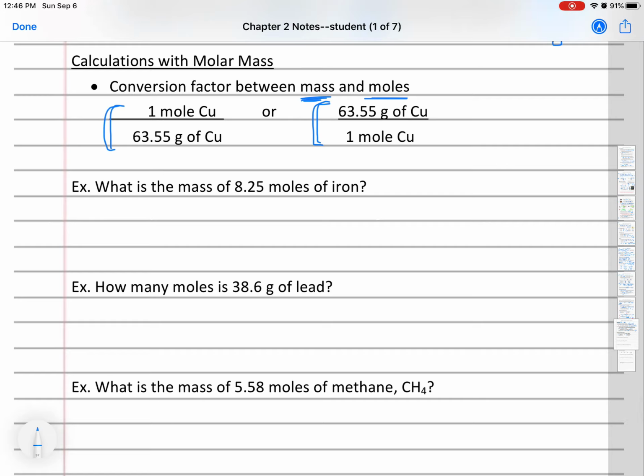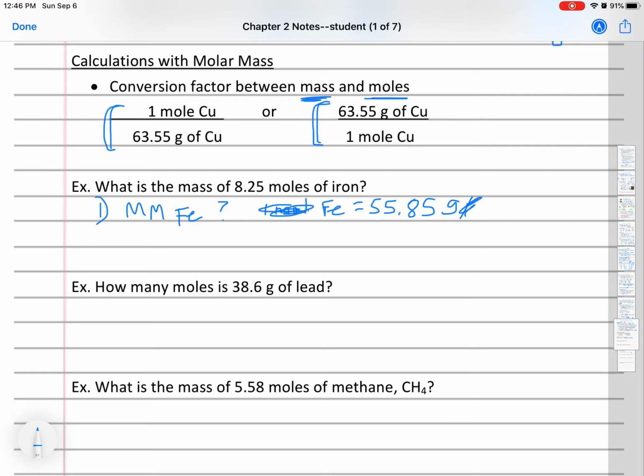So for example, what is the mass of 0.825 moles of iron? The first thing we want to do is figure out the molar mass, because we're going to need that to make our conversion factor. So what is the molar mass of iron? We go to the periodic table and we find that 1 mole of iron is 55.85 grams.